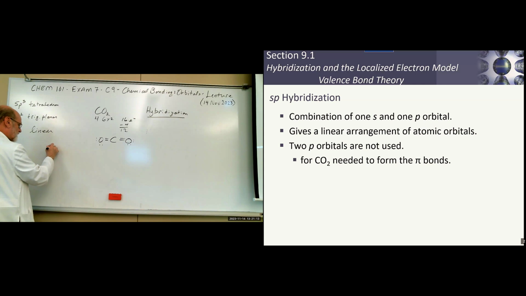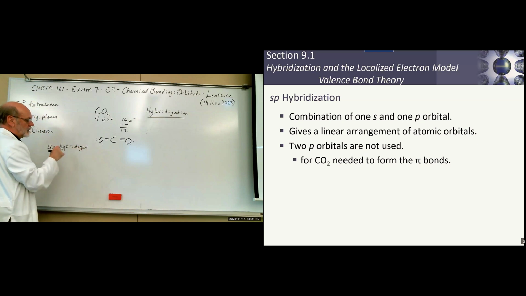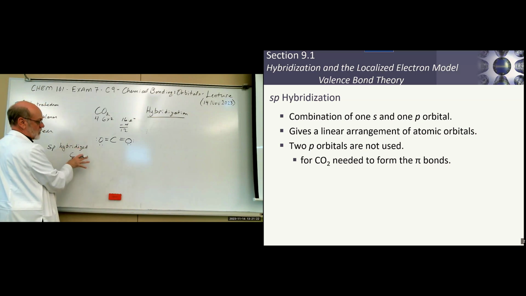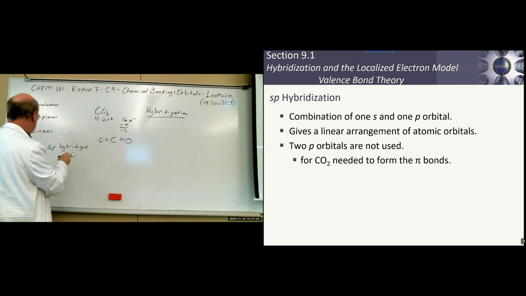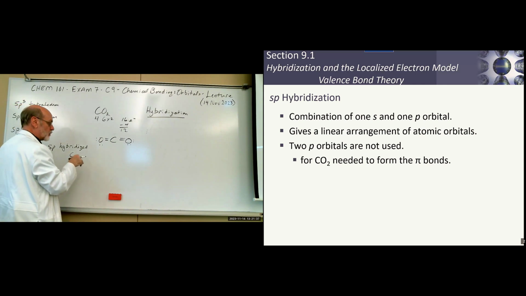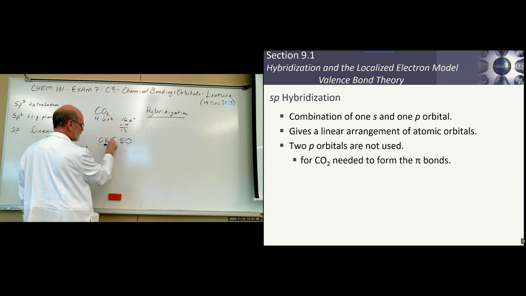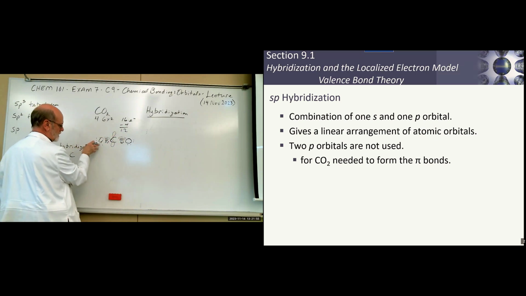With sp hybridization of the carbon, we get 2 sp orbitals and 2 unused p orbitals. The sp orbitals are here, in this single bond, and this double bond here is from unused p orbitals there and there, and also on oxygen.